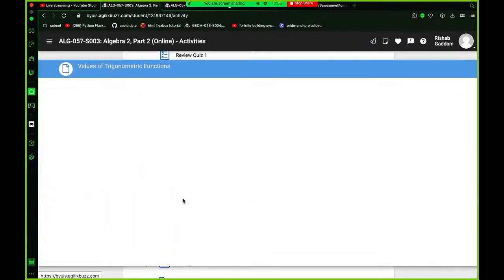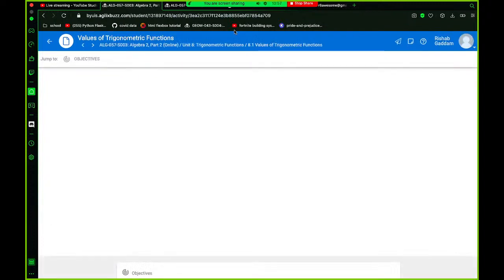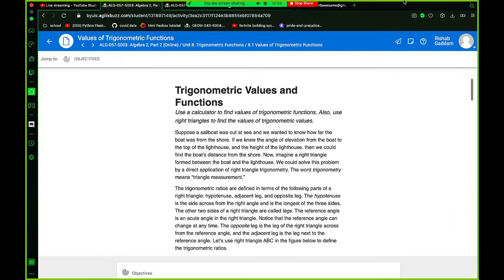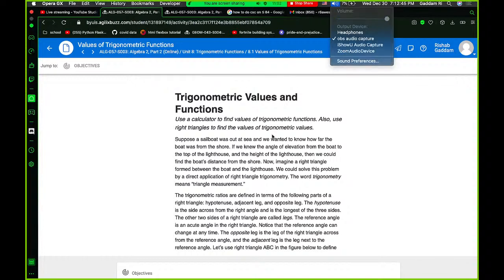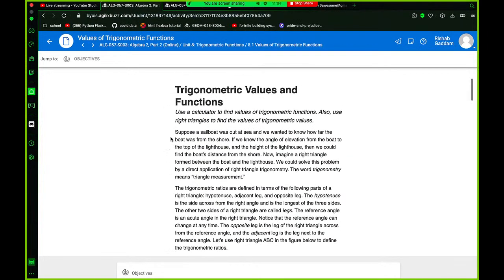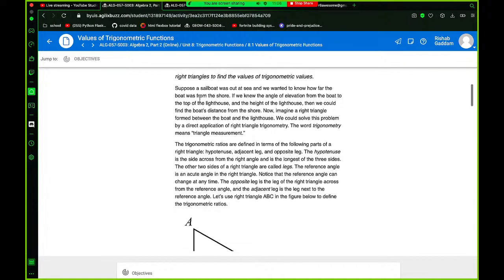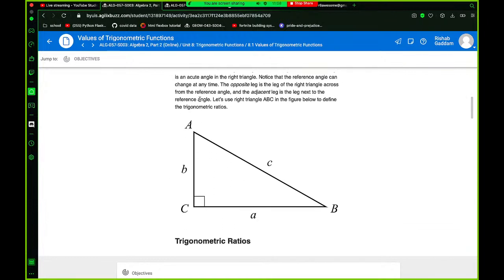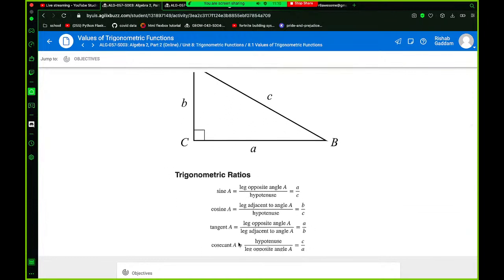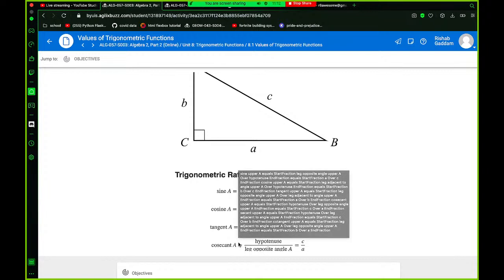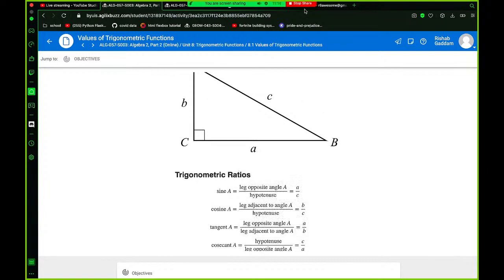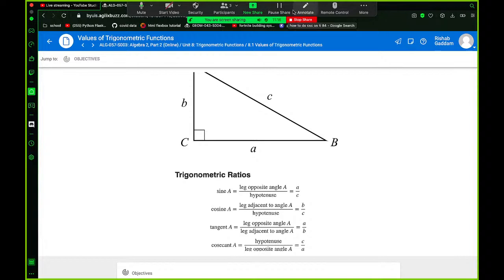Values of trigonometric functions. So basically, you have trigonometric functions, which are like, everybody knows sine, cos, and tan, right? Like sine, cosine.